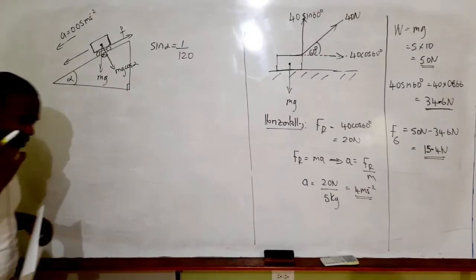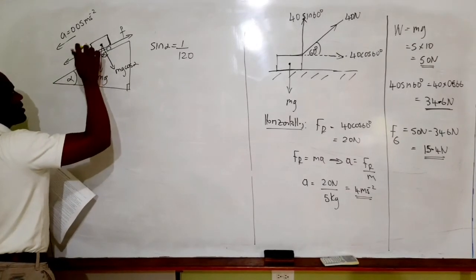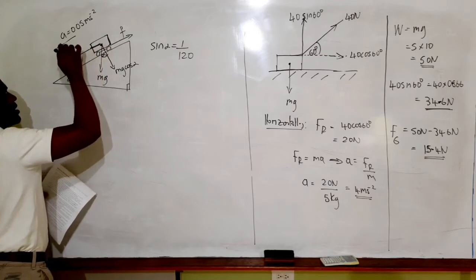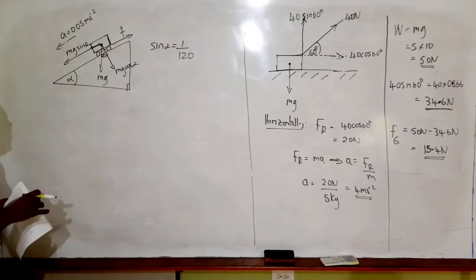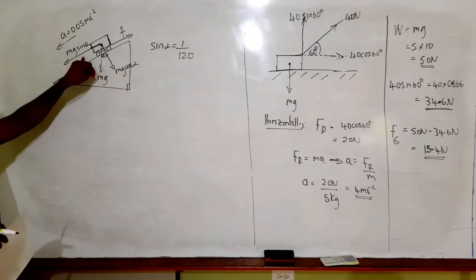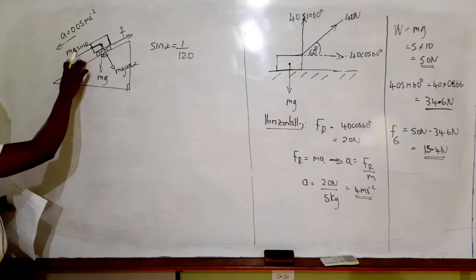Now the weight will also have a component parallel to the slope, and it will act along the slope in this direction, and this would be mg sine theta, right? So the weight has two components, one perpendicular to the slope and the other parallel to the slope, right? So the component parallel to the slope is mg sine theta. Good?